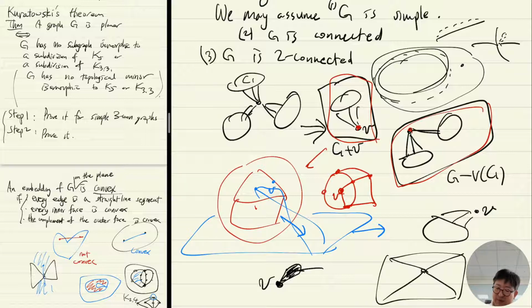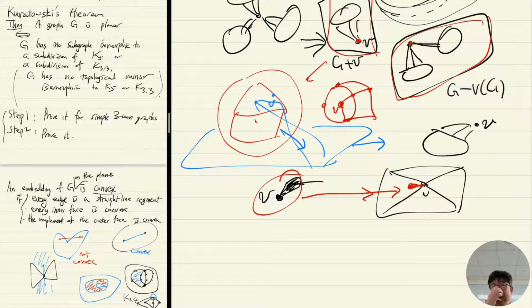You find the vertex v, and then you copy this into a tiny region. So that's going to be your embedding for the new graph. All right, so that's why we can assume the graph is 2-connected. And I can assume the graph has no vertex of degree 2.